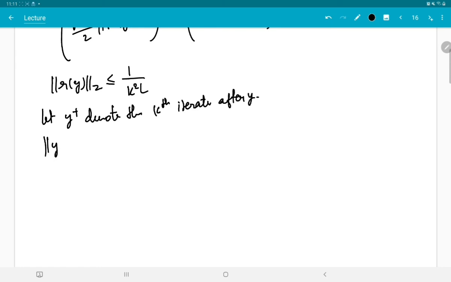So now we have yk minus y less than or equal to, the t is 1, the step is 1, so this can be written as y plus k minus y plus k minus 1.